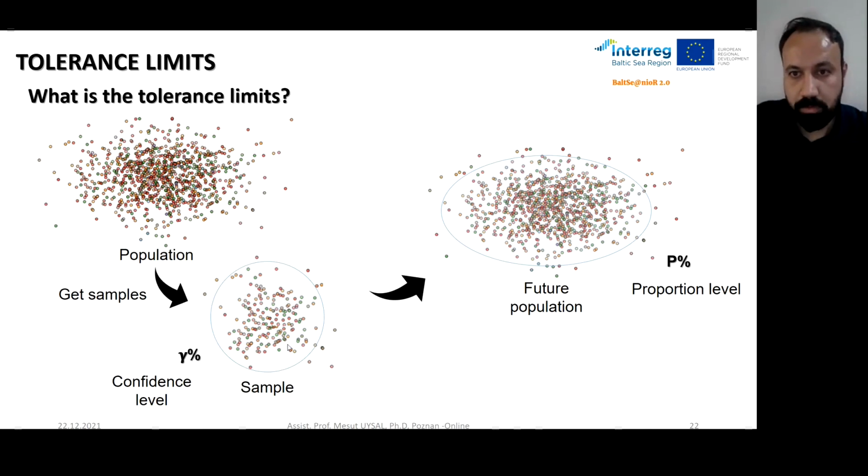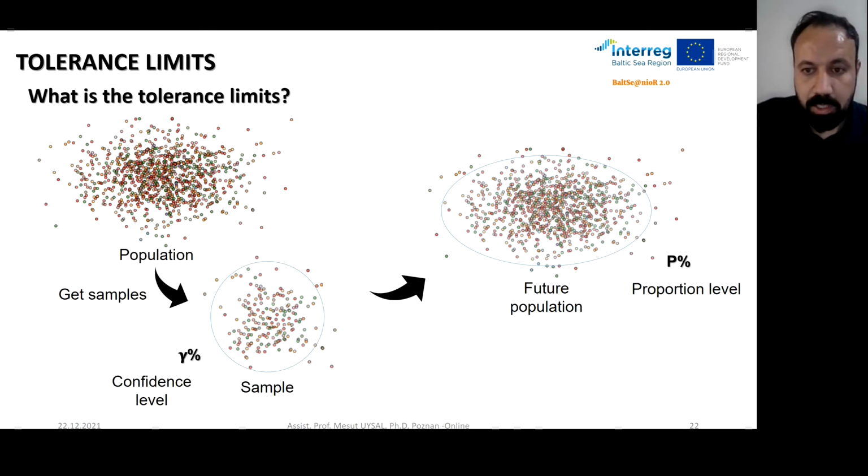In a prediction interval, I am checking one value from the population, which can be any of them. But in tolerance analysis, I check all of this shaded area. So it is more powerful compared to the confidence interval and the prediction interval. If you use a tolerance interval, it is more powerful.